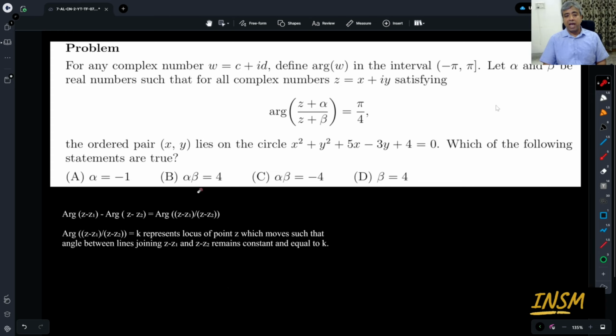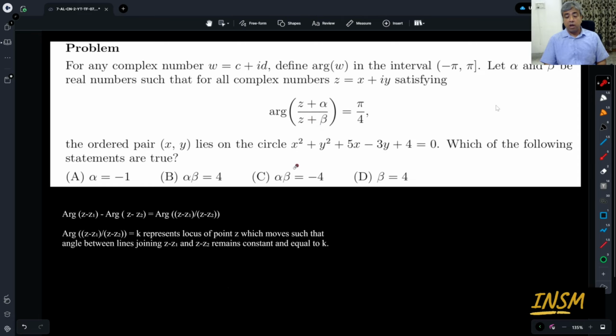In our case, z1 is minus alpha and z2 is minus beta.